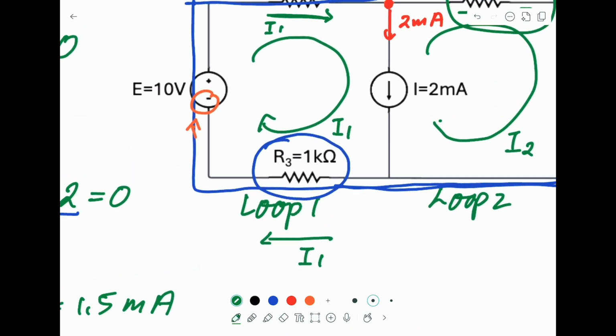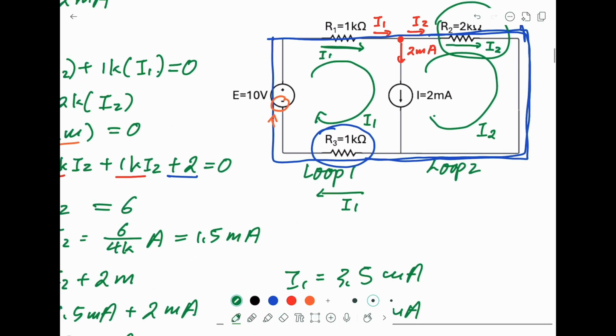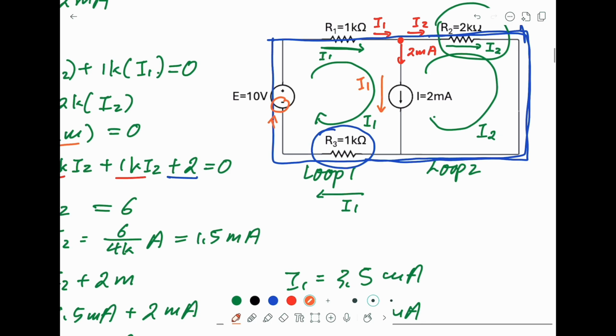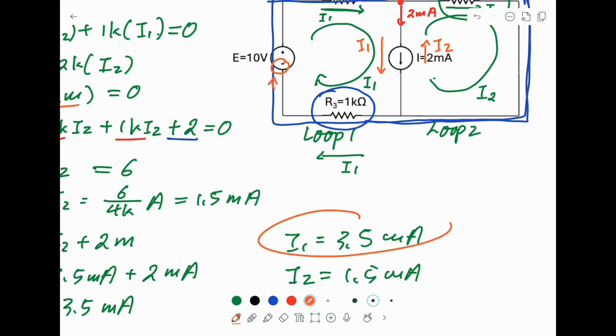And if you check our result here, look at the current source. I1 is moving down, and I2, our fictitious mesh current, is going up. But I1 is 3.5 and I2 is 1.5.